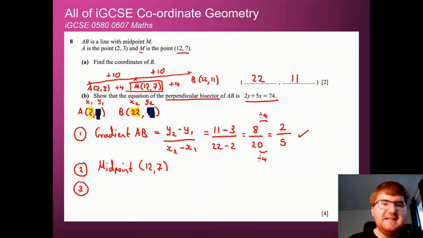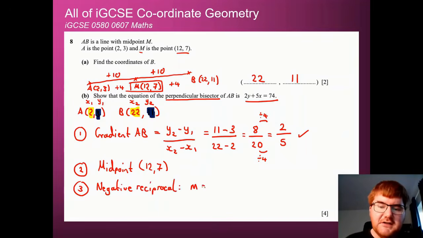Step 3 is a step that we've already seen in the previous question. Because we're looking for the perpendicular, at right angles, bisector, we want again that negative reciprocal. Again, you're going to hear that phrase a lot. This is slightly different to the previous question because we already have a fraction, so we're going to flip that fraction and then turn it negative.